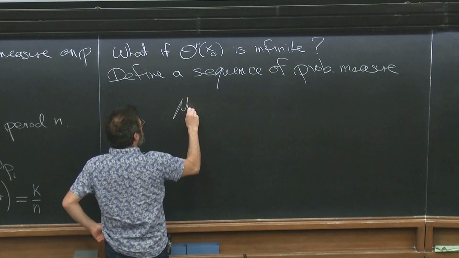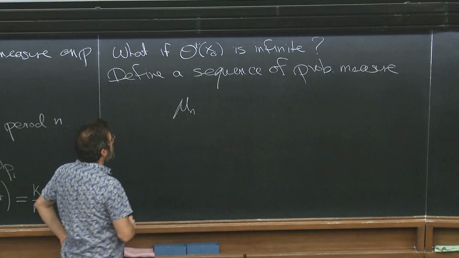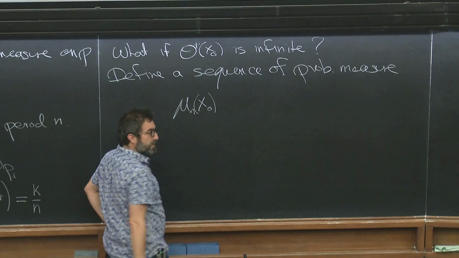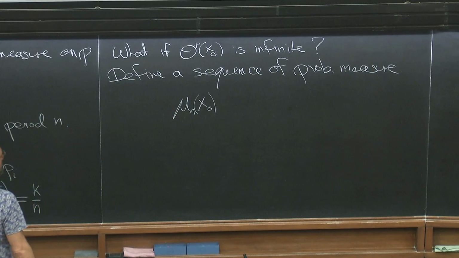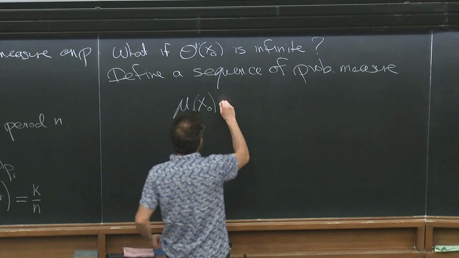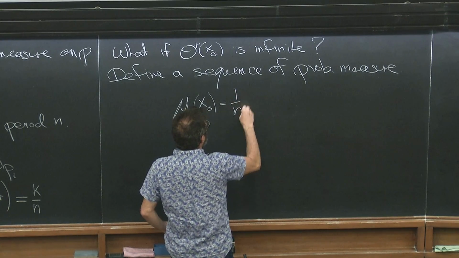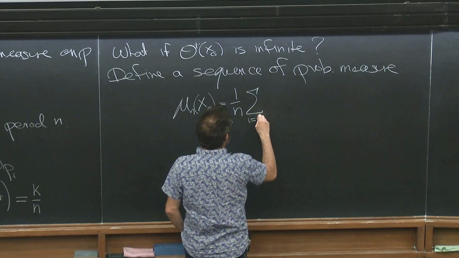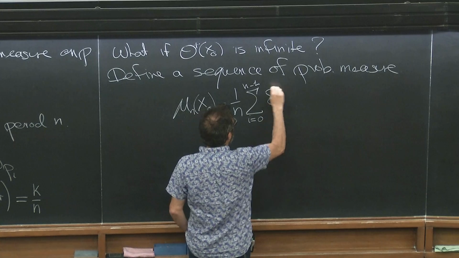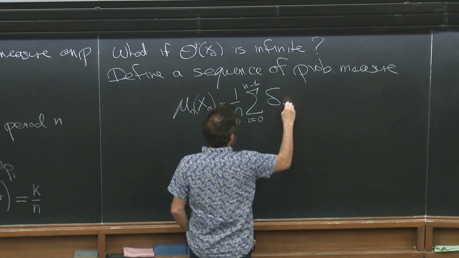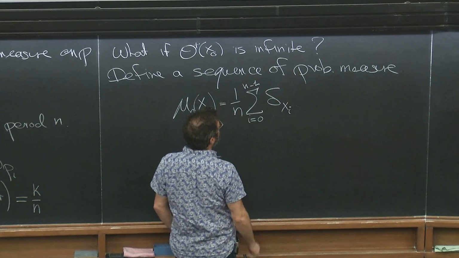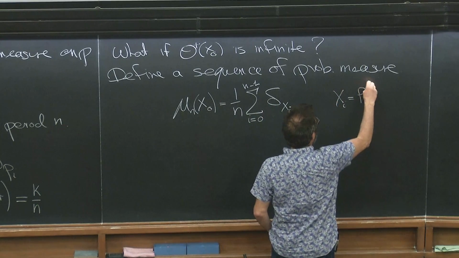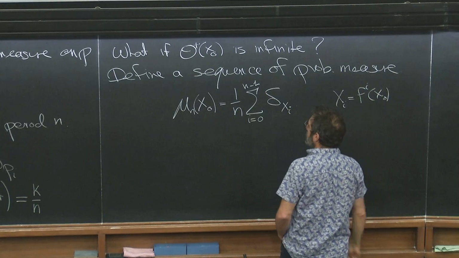Let's define the sequence mu n. Each one is a probability measure, and it depends on the initial condition x0. So we choose some initial condition, and then for each n, we take exactly this average, where xi, of course, is the iterate f^i of x naught, as usual.